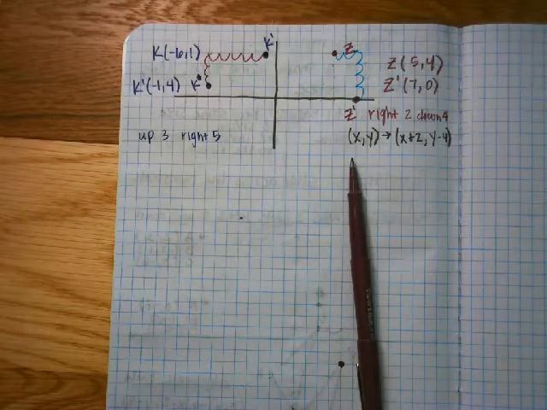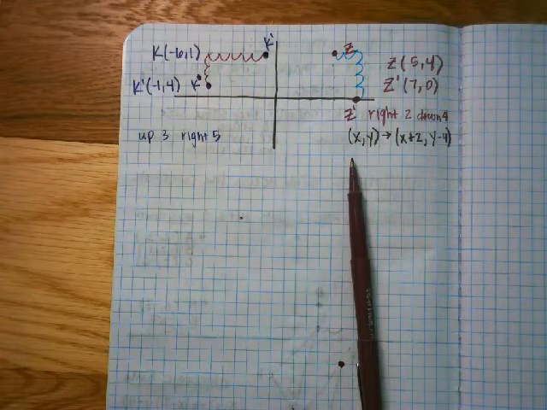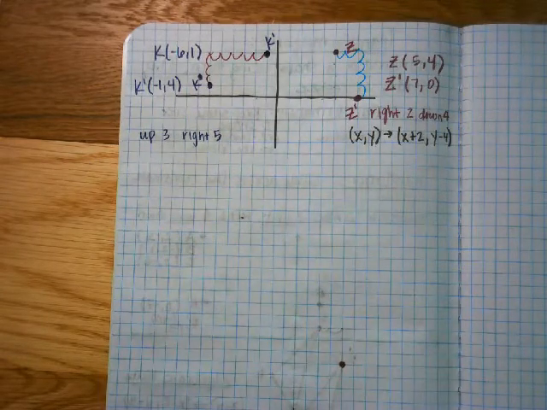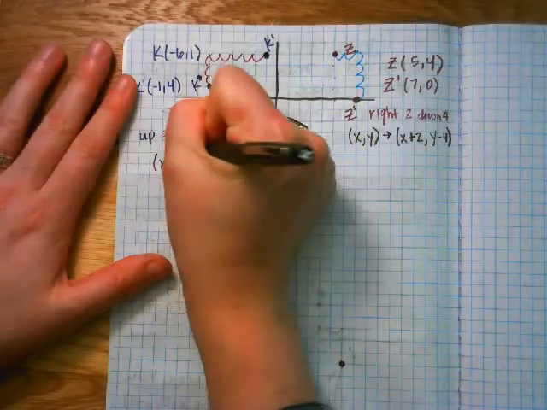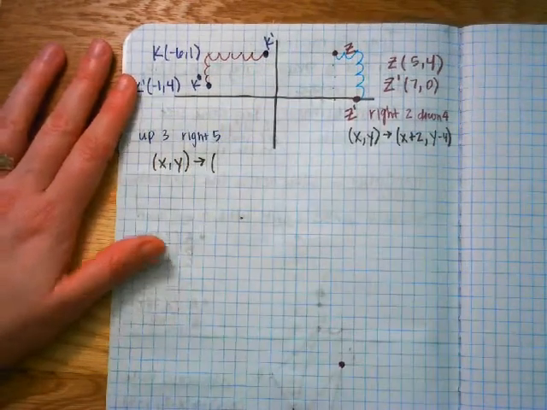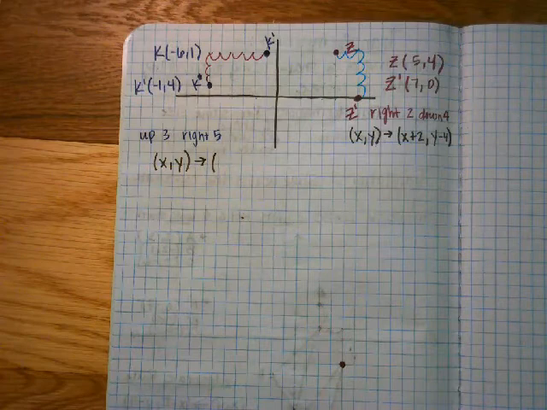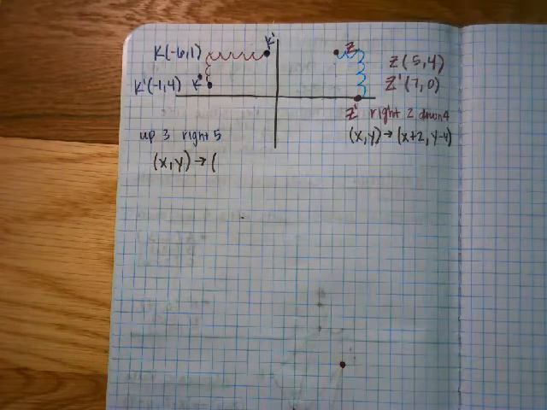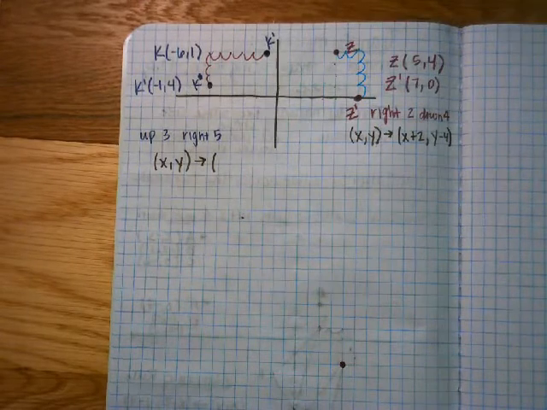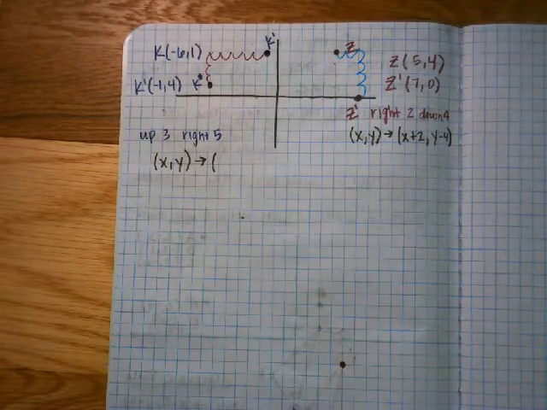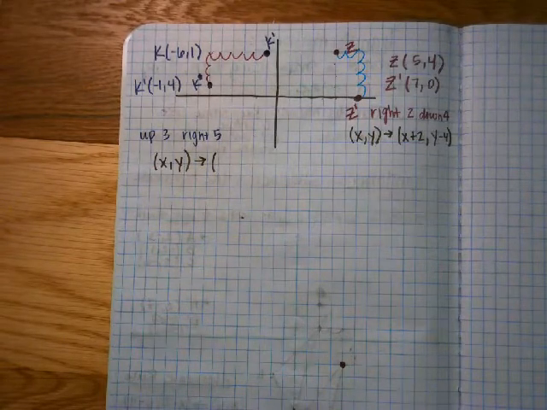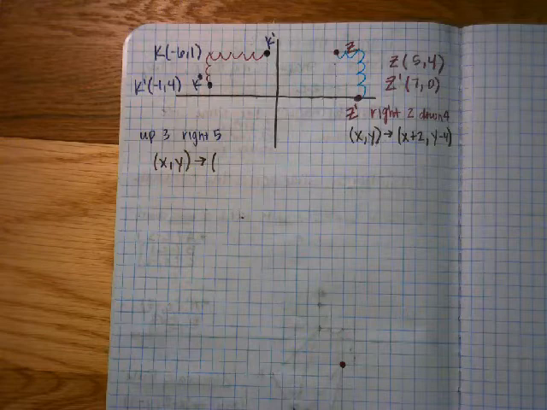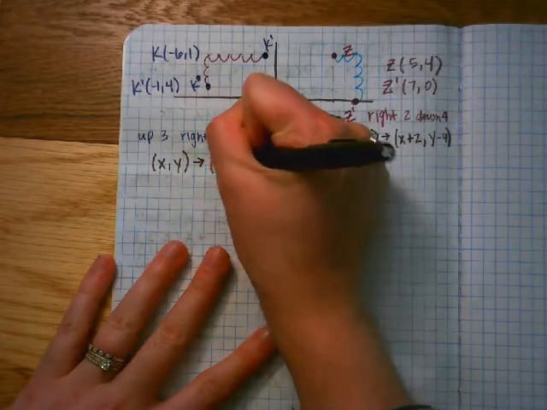Does anyone think they know the rule for us? Always starts like that. And then what did we do to X? What did we do to X? Don't make me just call on you. I will. Added how many? Good. We said X plus 5.